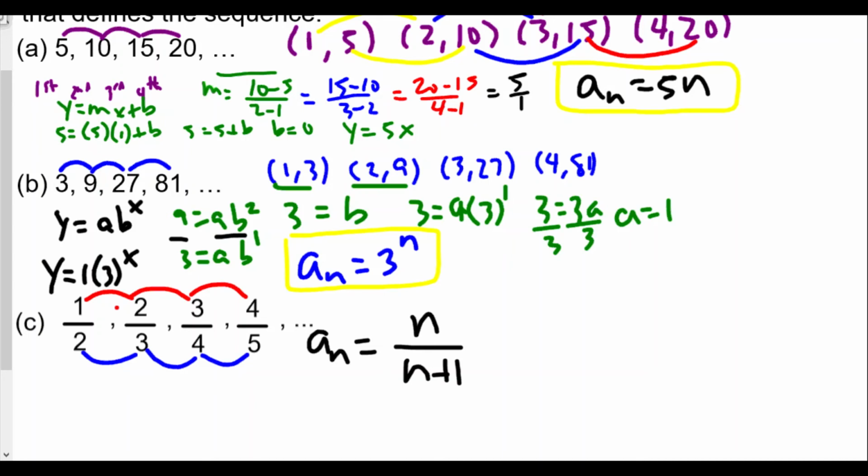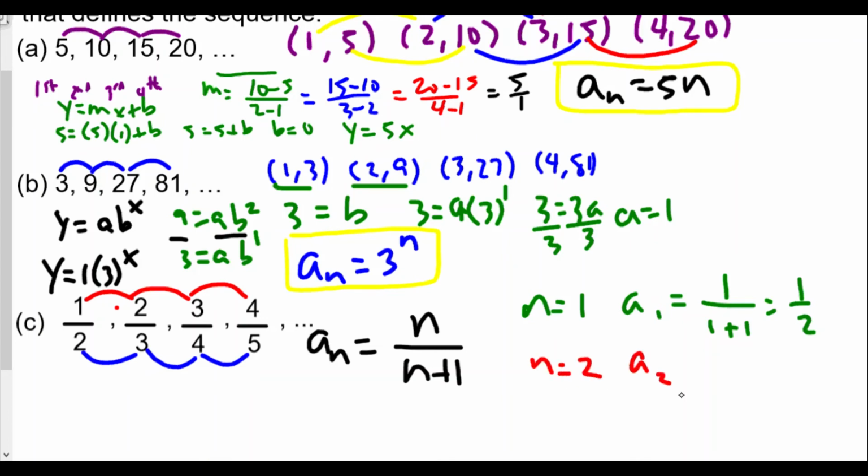Let's take a look. When n equals 1, for a1, we're going to get 1 over 1 plus 1, or 1/2. When n equals 2, for the second term, a2 will be 2 over 2 plus 1, so we get 2 over 3.